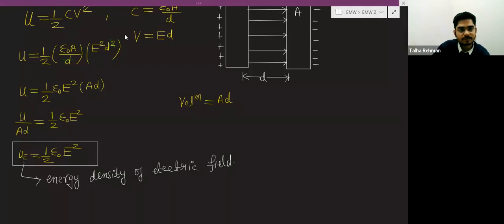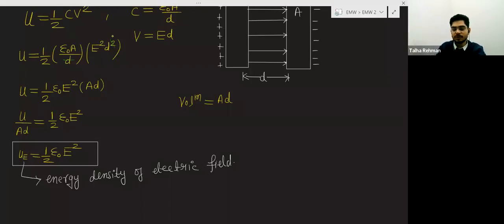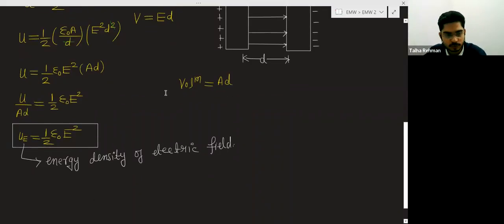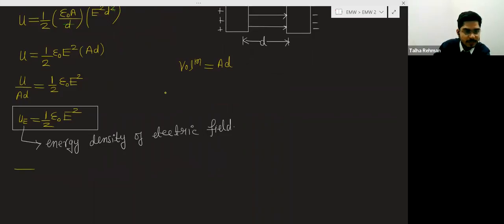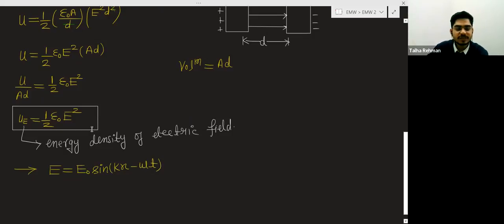What is the equation of the electric field? E is equal to E naught sine kx minus omega t, or you can take sine kx plus omega t. So now you can see this electric field is changing.